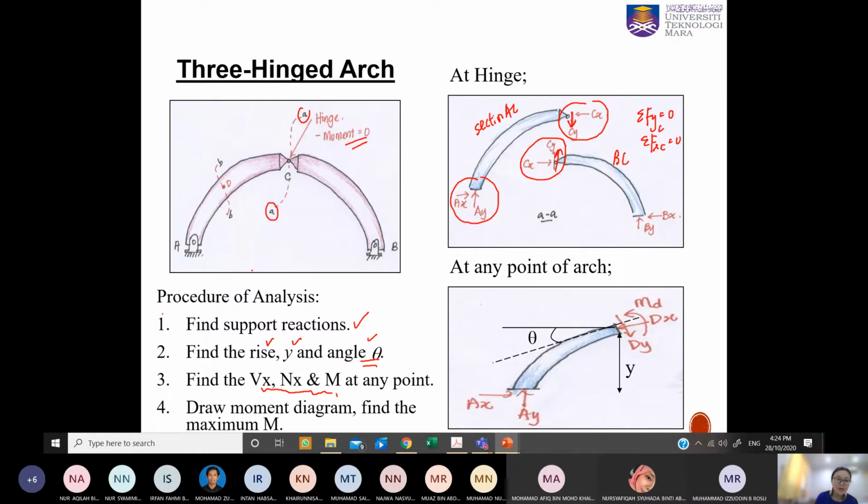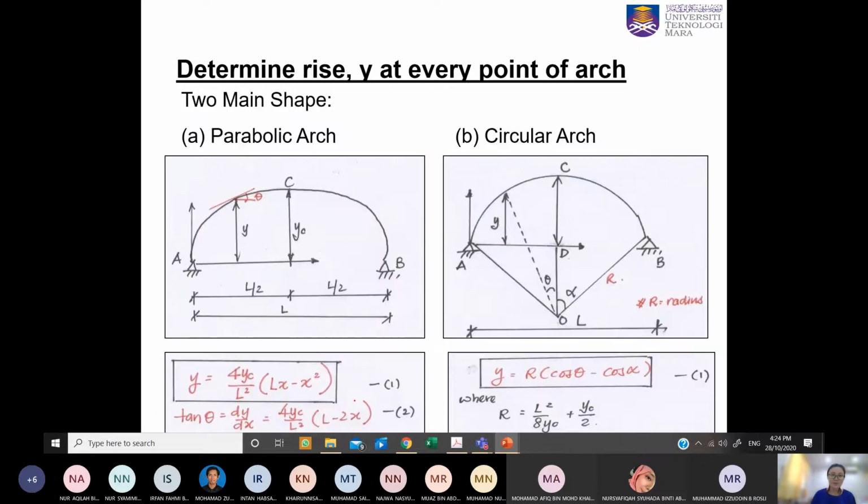And then we can use this information to generate the outputs, like if you want to draw a shear diagram, axial force diagram, or bending moment diagram for your design. So in this case, I will show only the bending moment diagram. Now there are two types of this three-hinge arch that I will show you in the example later.